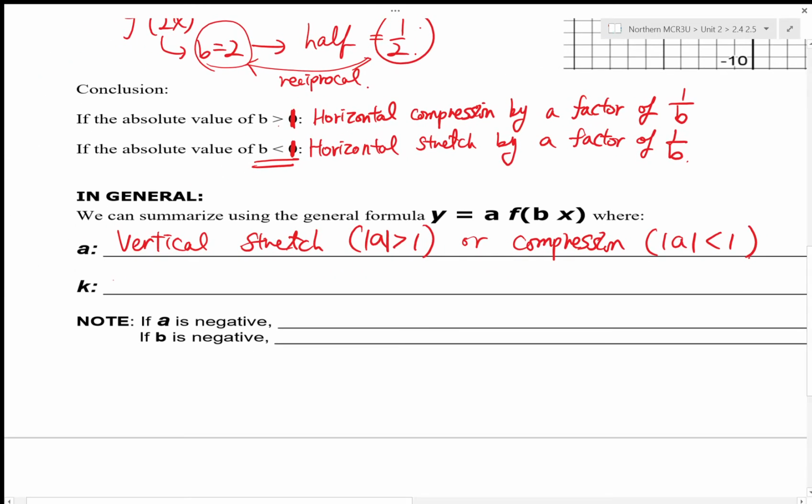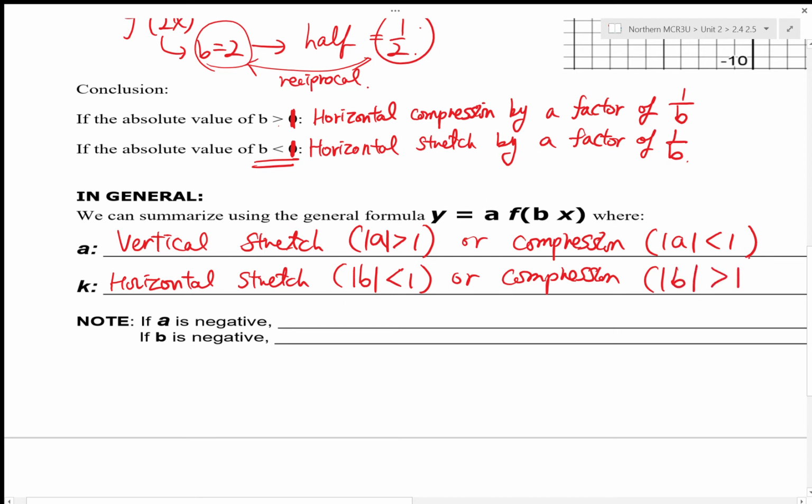Now B then is horizontal, right? Horizontal stretch if the absolute value of B is less than 1, or compression if the absolute value of not A, B is greater than 1.